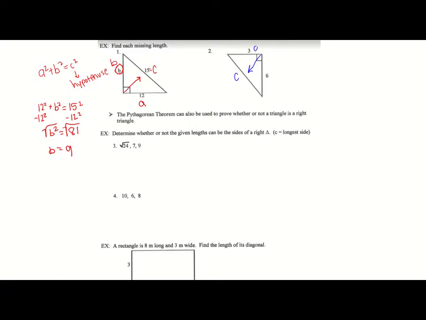We know our legs, a and b, are 3 and 6, so when we plug those in to a squared plus b squared equals c squared, we get a is 3 squared, b is 6 squared, and c is our unknown. 3 squared plus 6 squared gives us 9 plus 36 equals c squared, and that is 45 equals c squared. Take the square root of both sides.